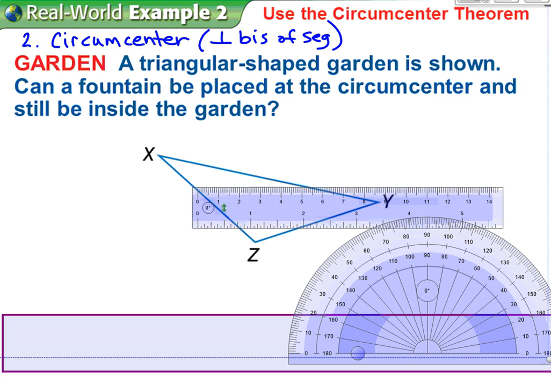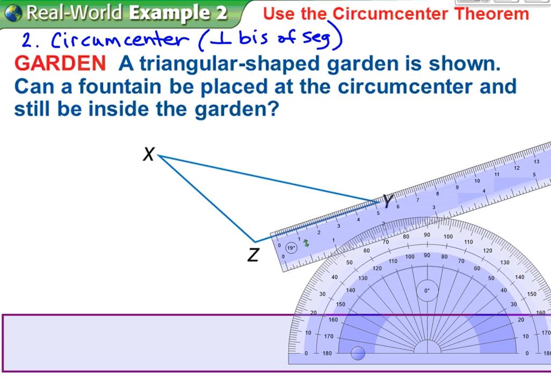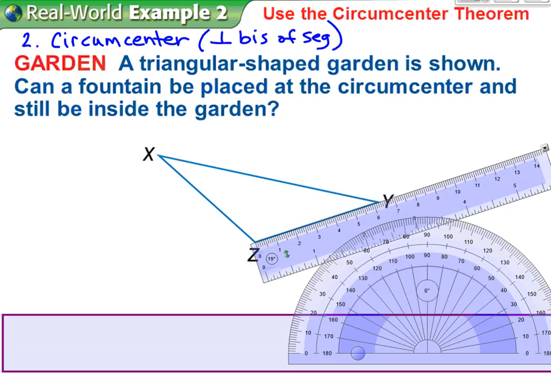Just take a few minutes and find the midpoint of ZY. On my board it's about 6.4, so that would be like 3.2 for mine. Who can tell me how long XZ is on yours? How long is XZ?